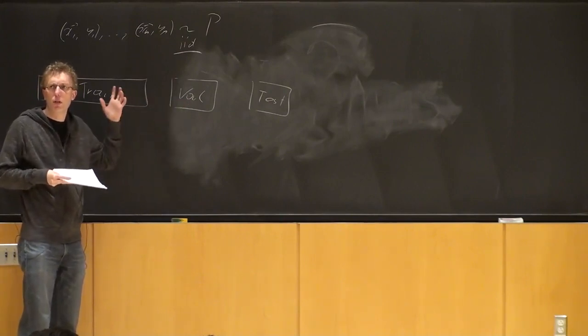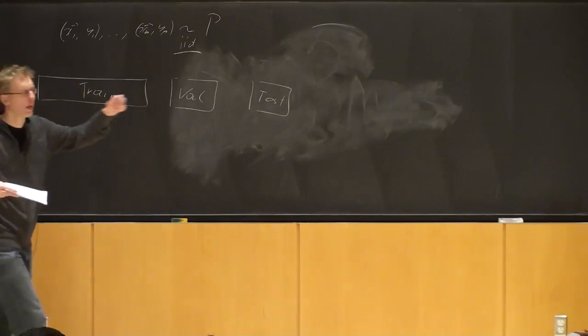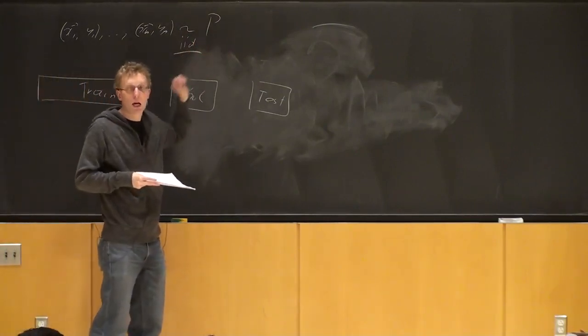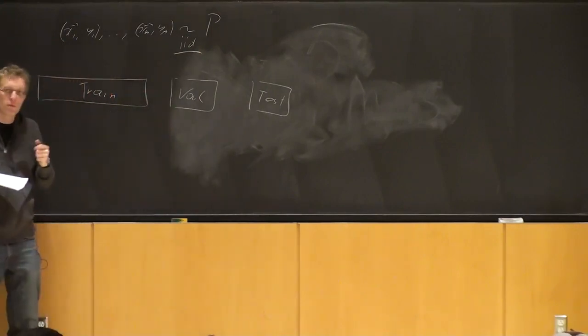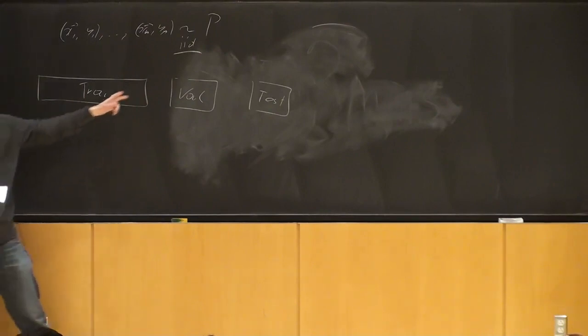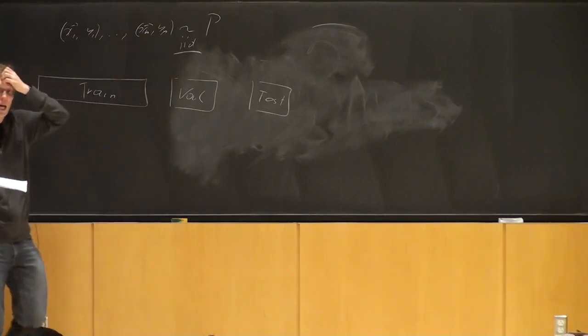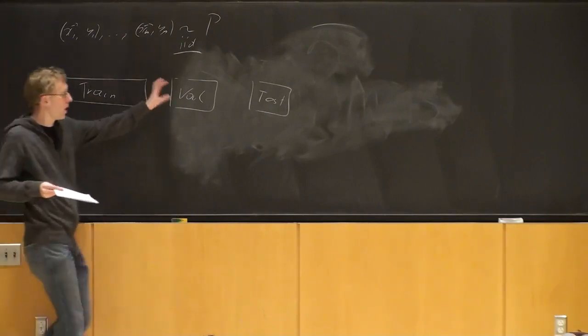So ultimately, what you care about is the expected error. What's the probability that if I take a new point from this distribution P, I get it right? Or put another way, what's the expected error I would get if I draw a point from this distribution P? You can't measure this because you don't have access to distribution P, but you have more data than you need.